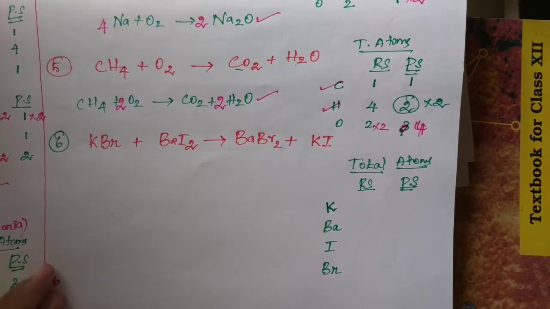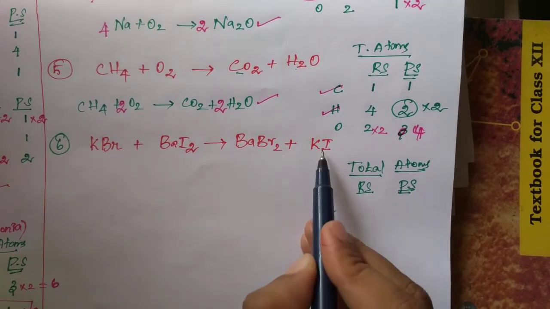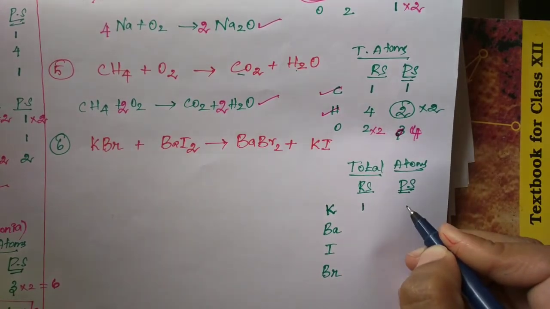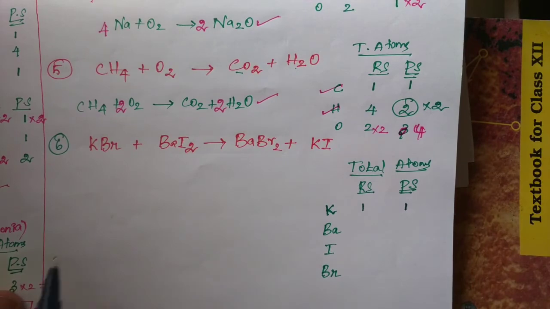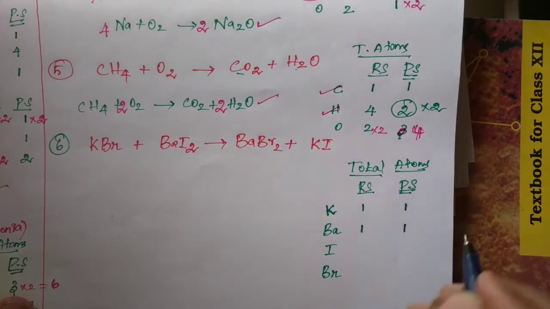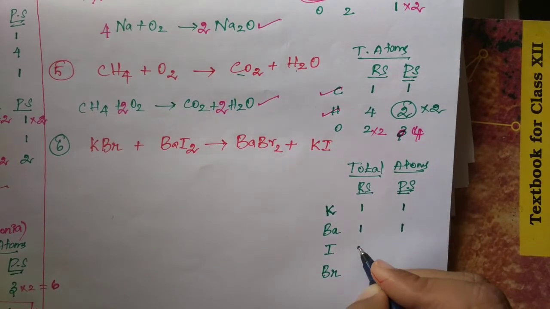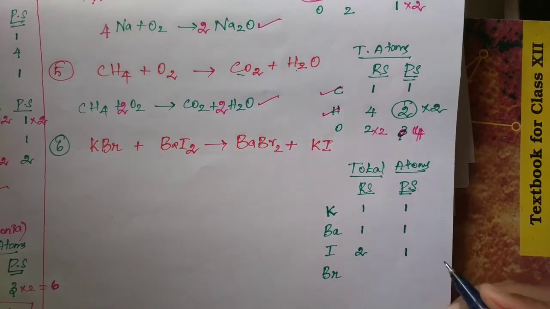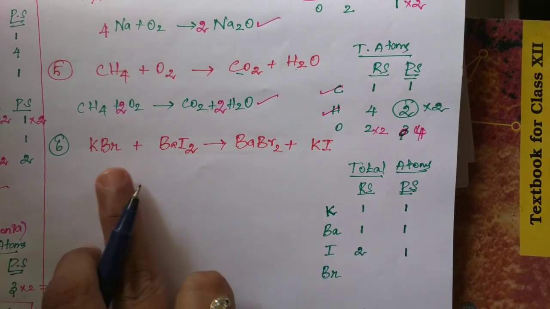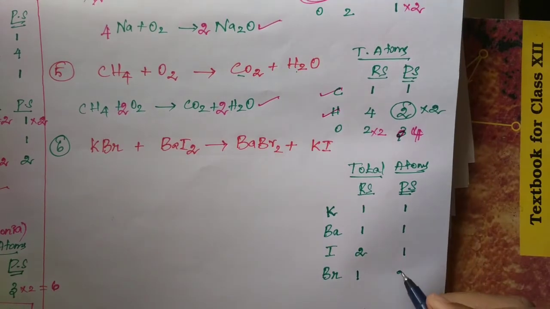Here potassium 1, here also potassium 1. Reactant side 1, product side 1. Next barium, reactant side 1, product side also 1. Next iodine, reactant side 2, product side 1. Next bromine, reactant side 1, product side 2.